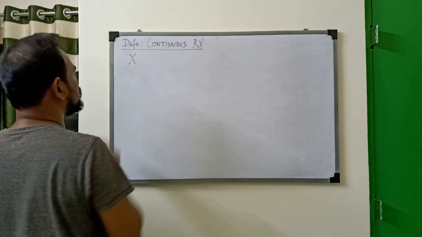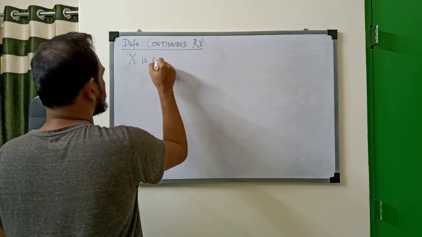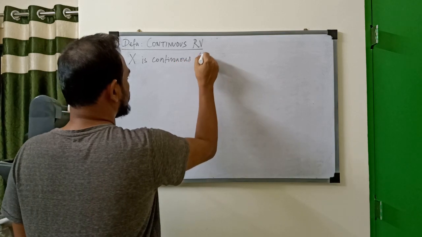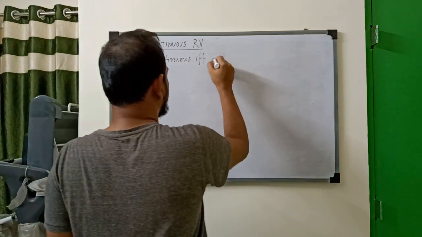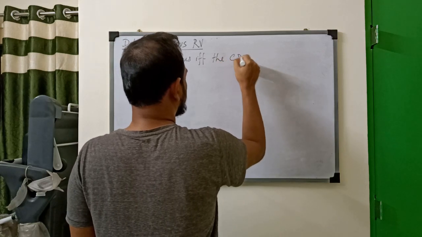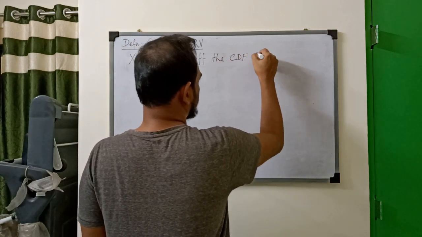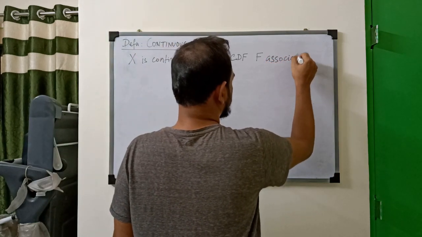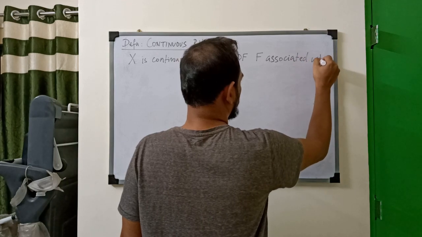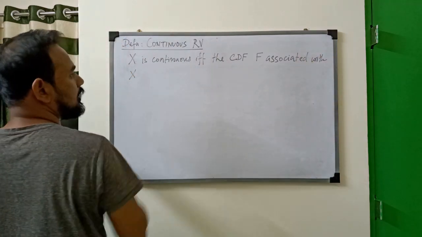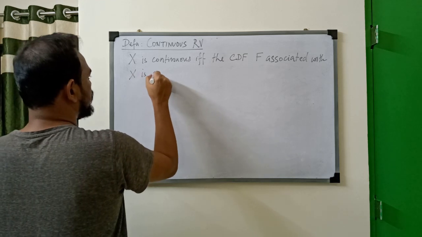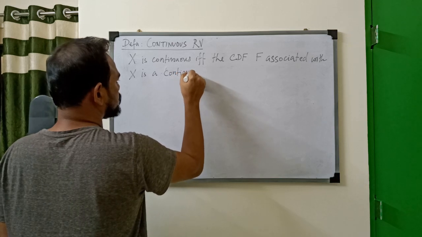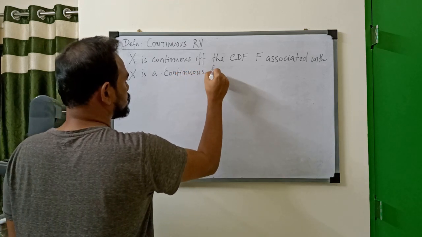A random variable x is continuous if and only if the CDF, the cumulative distribution function, written as capital F, associated with this random variable x is a continuous function.